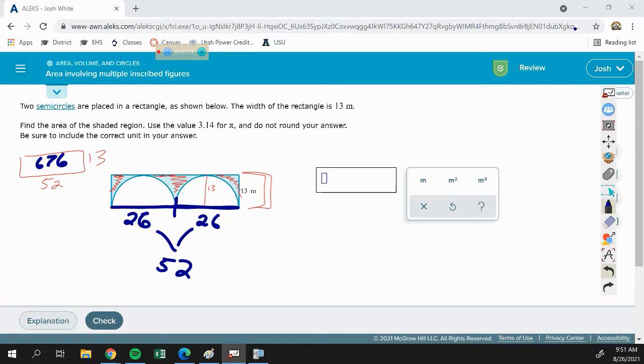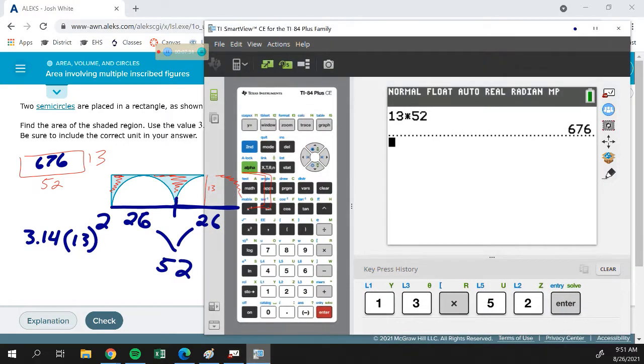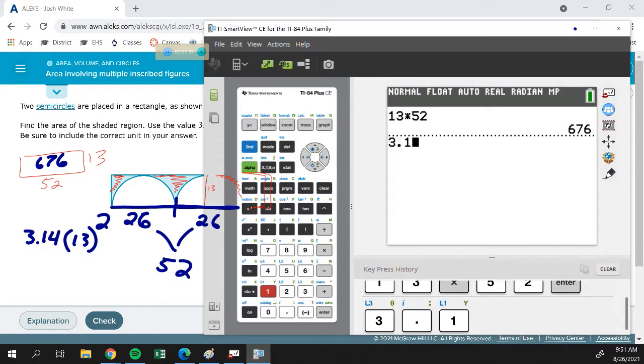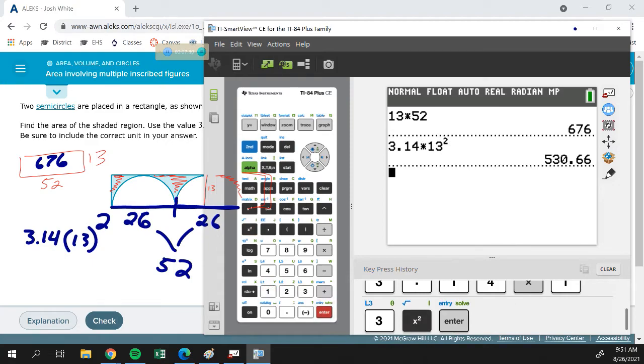And for pi, instead of using the pi button, I'm going to use 3.14 times 13 squared. So the area of the circles is 530.66.